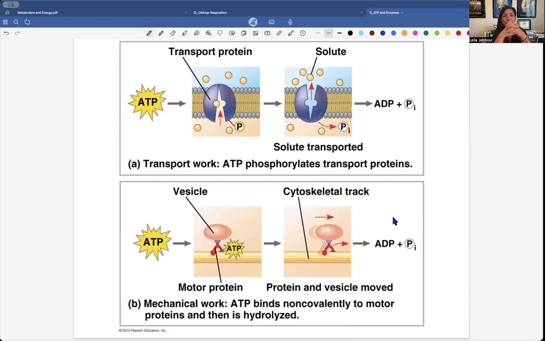Now, these vesicles are not just floating aimlessly until one day maybe they'll reach their destination. They actually use rails inside the cell. And these rails are made of cytoskeletal proteins. So we also learned about cytoskeletal proteins back in that chapter of membrane organelles and the cytoskeleton.